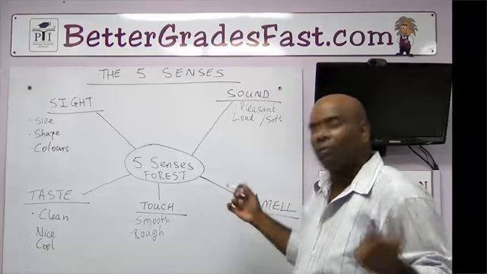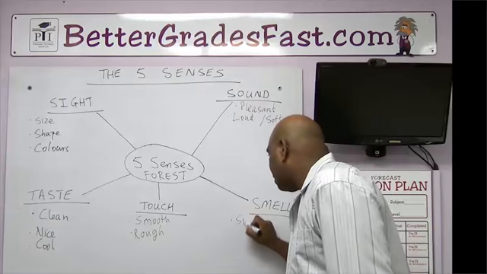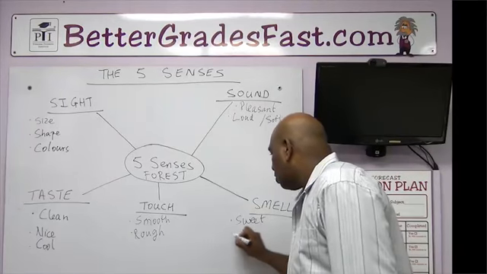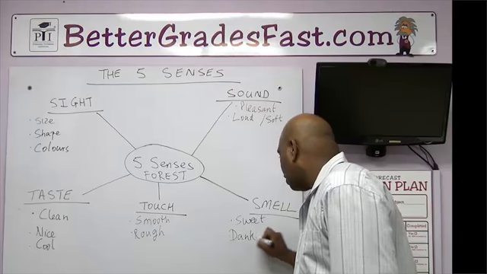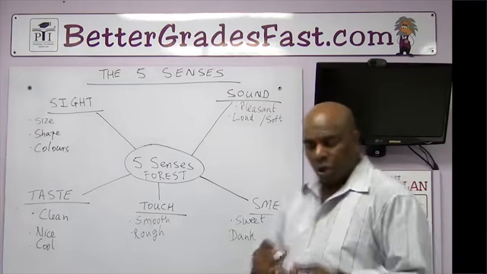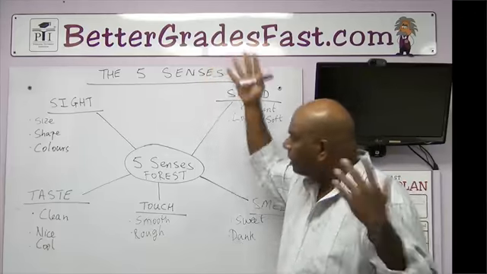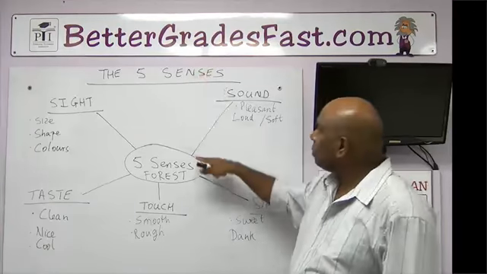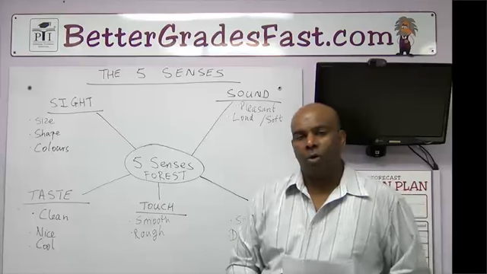What would you smell in a forest? Would you smell something, let's say, sweet? Would you smell something, let's say, dank and rotting? Think about it. So, before we begin to write about any place or setting using your 5 senses, plan what you want to write. Okay?